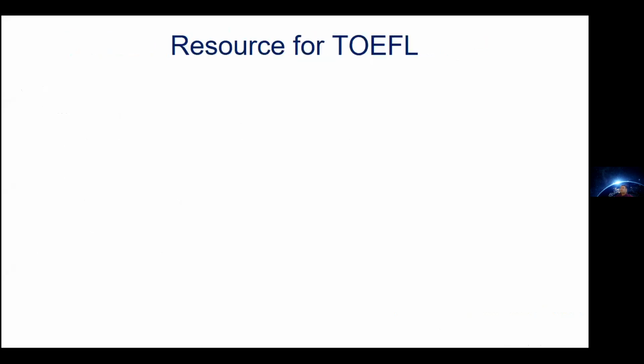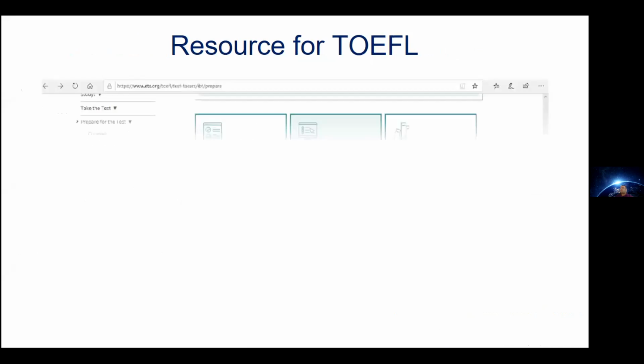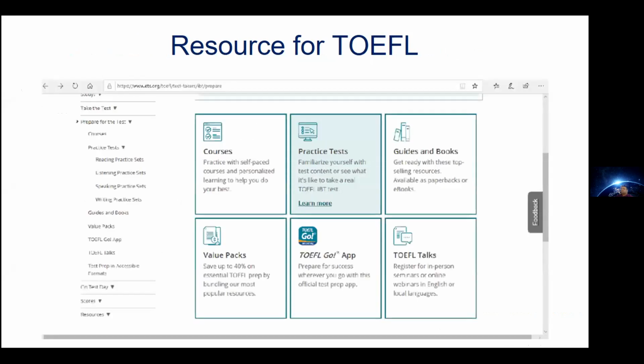So what are the resources? That would be another question usually asked by people: where should we go to prepare ourselves? So this is the ETS website. Just go there, and there are certain practice tests. Either you buy e-books, or usually they give you some software where they have 1 or 2 tests.